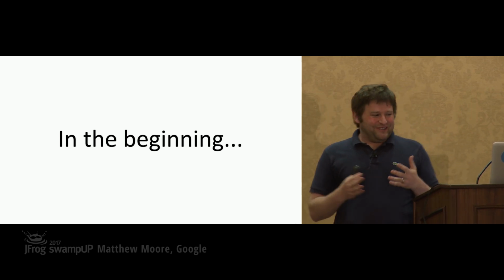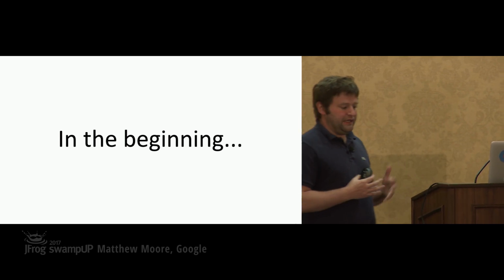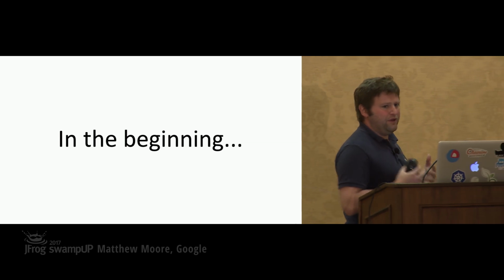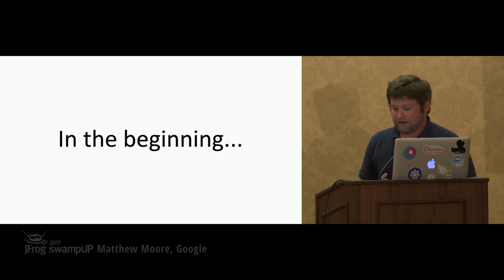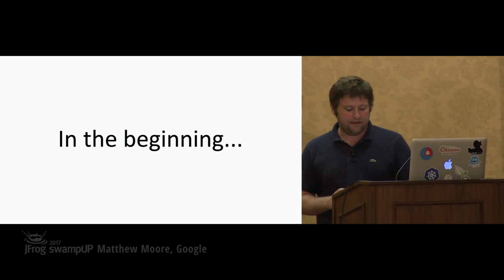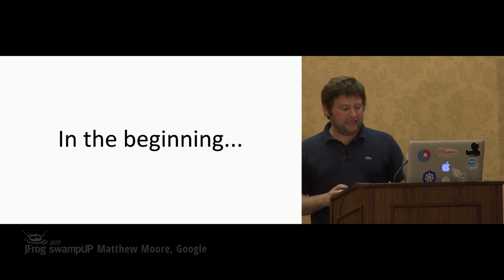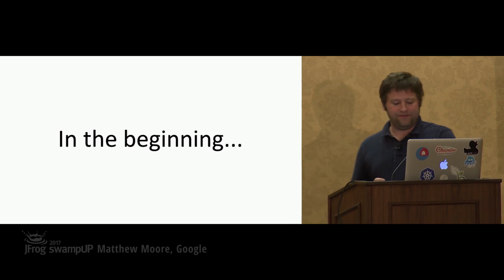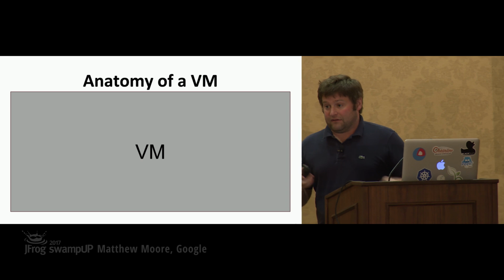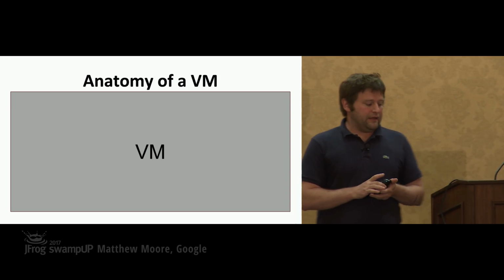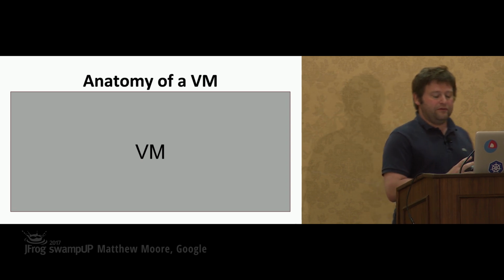So this is structured to sort of take us on a journey that talks about how we arrived at the state of the art of Docker files today. And in the beginning, before there was Docker, everyone was using VMs in cloud, right? And a lot of stuff runs on VMs.